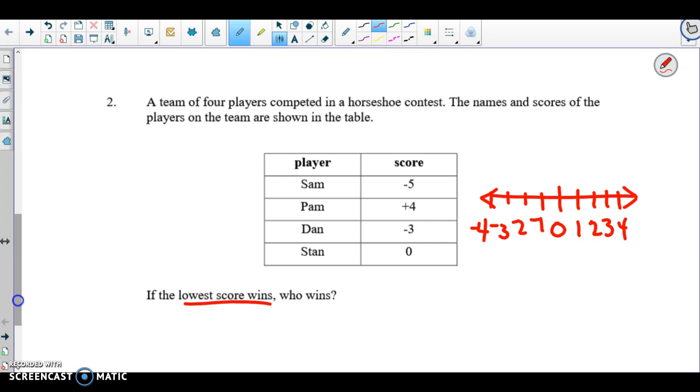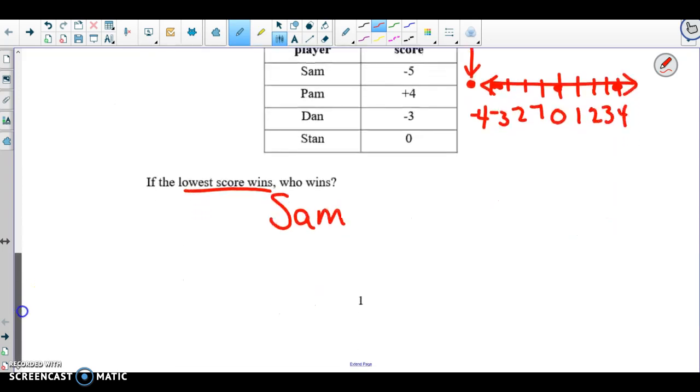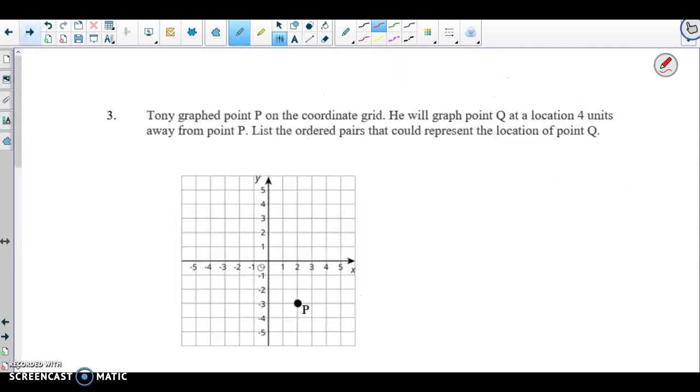If I go from left to right, I'd have -5, then -3, and then 0, and then 4. So if I put them all in order, my smallest one would be the one all the way to the left, which is the -5. So Sam is our winner. Winner, winner. All right.